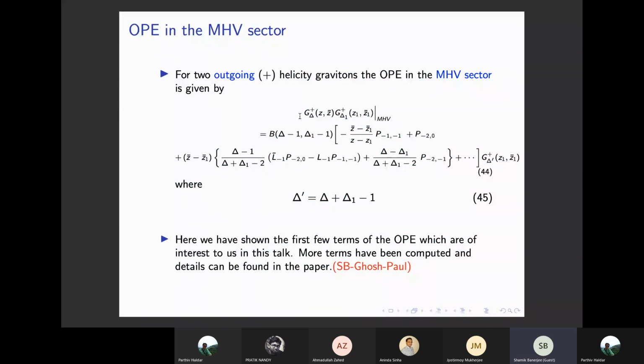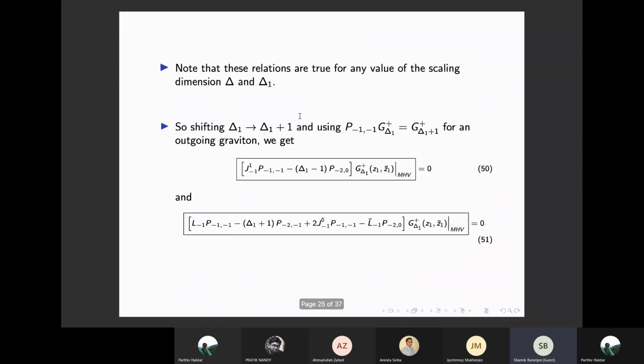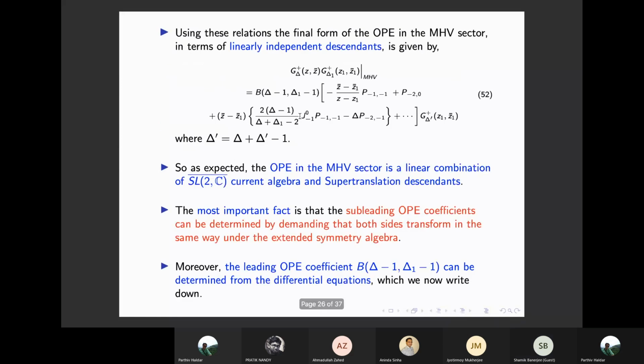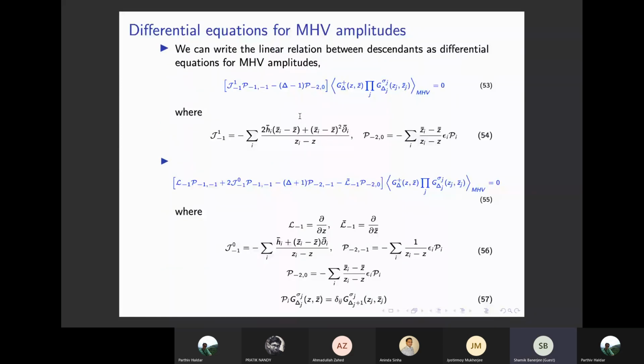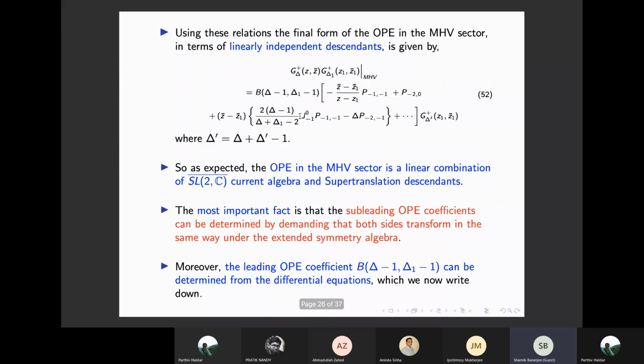But once you fix it, the rest of the things are completely fixed in terms of this algebra. So now we get all these differential equations. Sorry, so those were like the initial input that you give to solve the differential equation? Well, not really an input to the differential equation. Yeah, you can say like that.